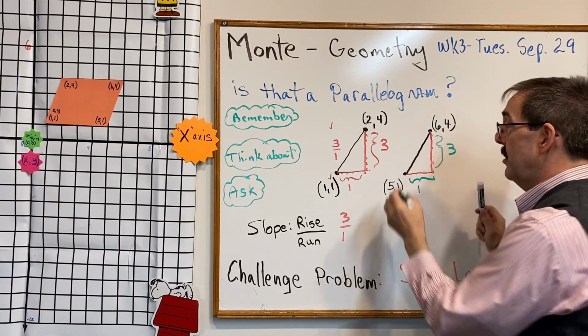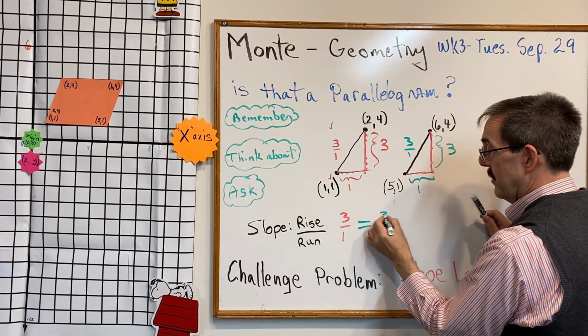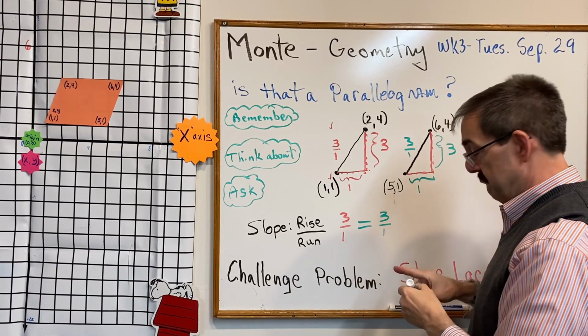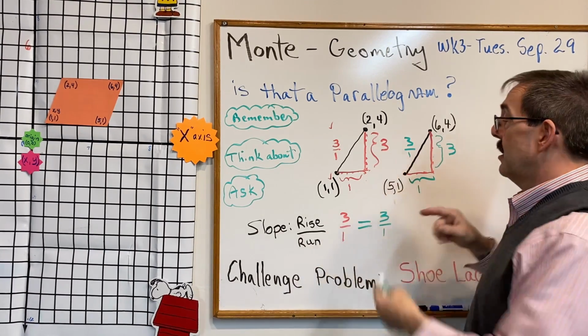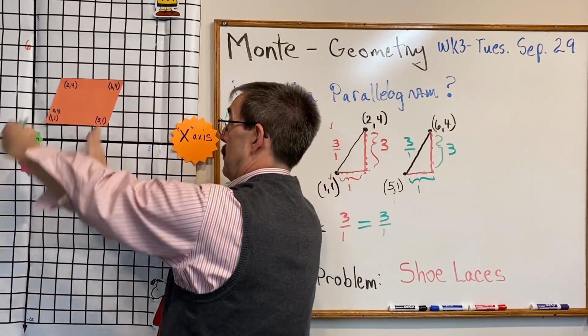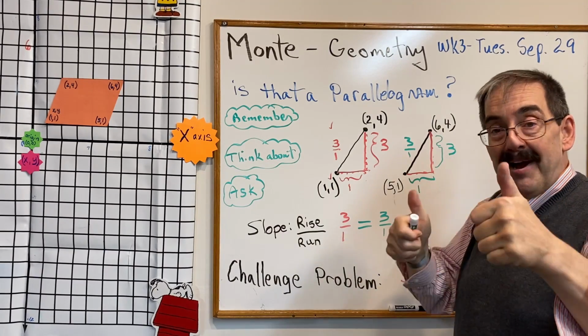What's the slope of that line? 3 over 1. Is 3 over 1 equal to 3 over 1? Absolutely. These slopes are the same. We can say they are parallel.